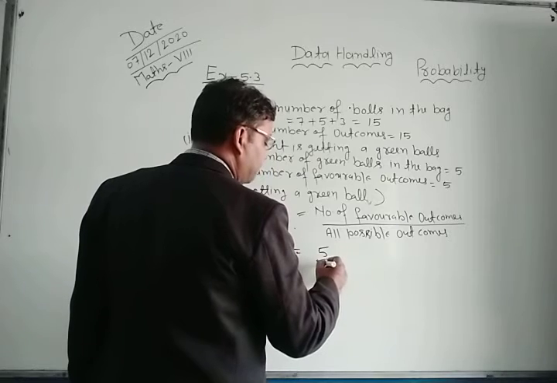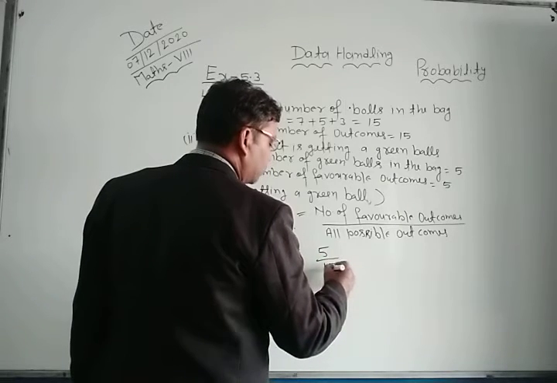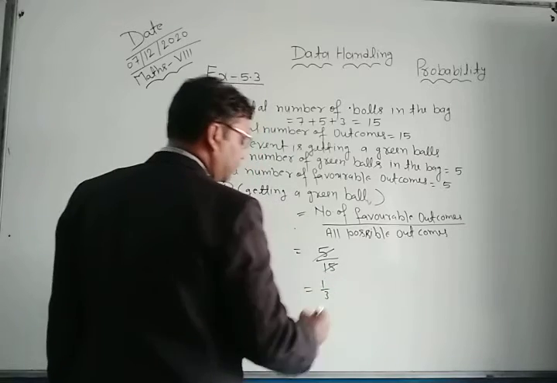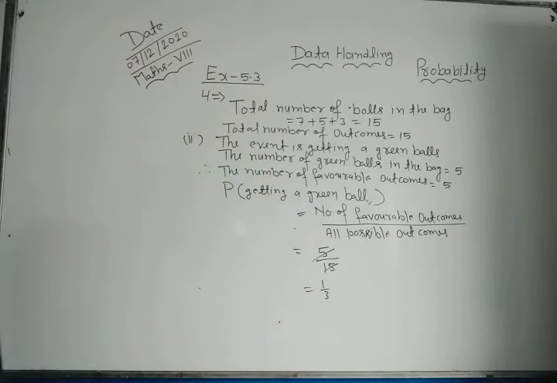So 5 by 15. If you cancel, you get 1 by 3. So the probability of getting a green ball is equal to 1 by 3.